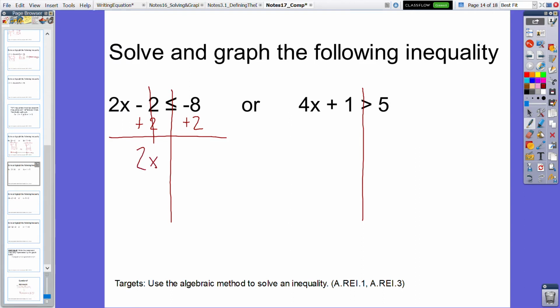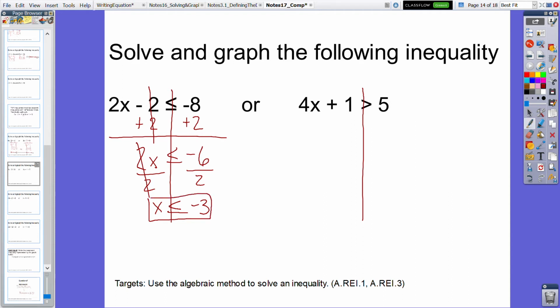I got 2x is less than or equal to negative 8 plus 2 is negative 6. Okay, so 2 times a number is less than or equal to negative 6. We want to get a clear idea of what that number is, so I divide by 2. It gives me x is less than or equal to negative 3. Okay, so all my numbers less than or equal to negative 3 are included here.